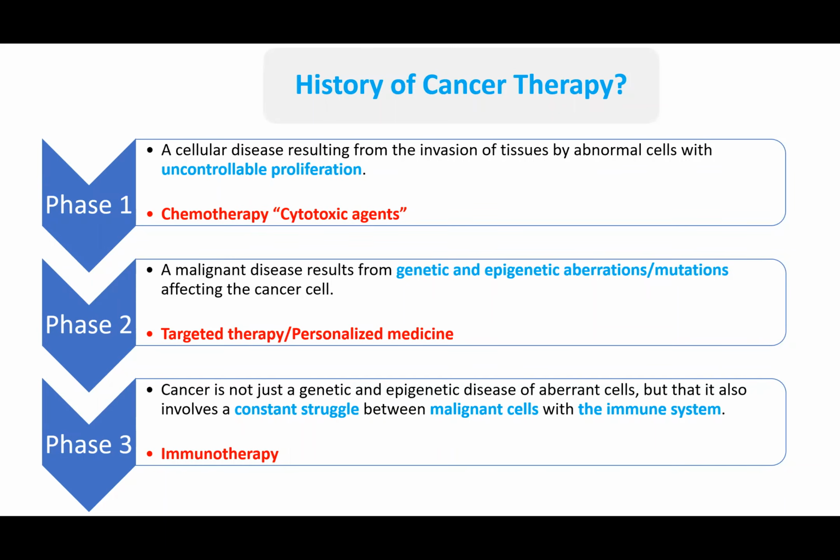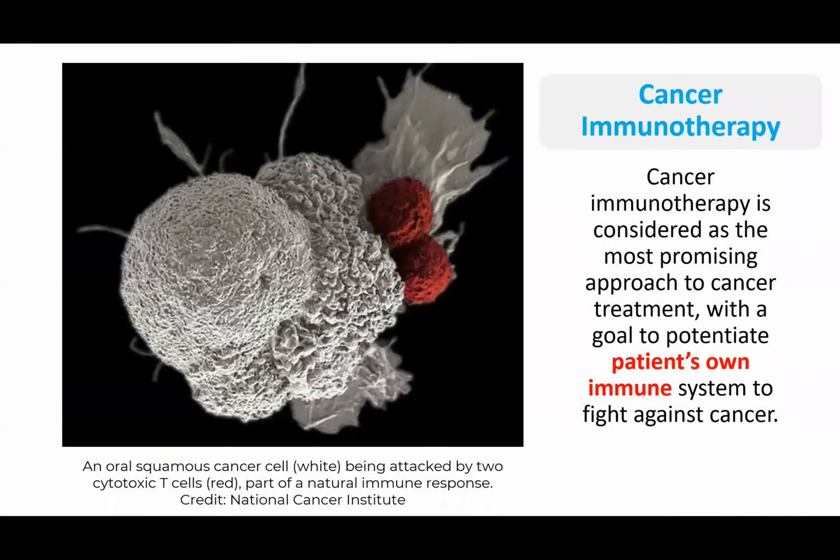Immunotherapy depends on immunomodulatory strategies to make the patient's own immune system able to fight against the cancer. So in contrast to chemotherapy and targeted therapy, where we use an exogenous agent to attack the cancer cells directly, in immunotherapy this is not the case.